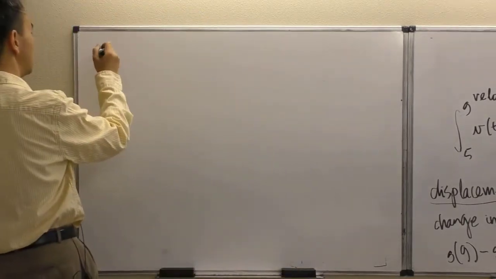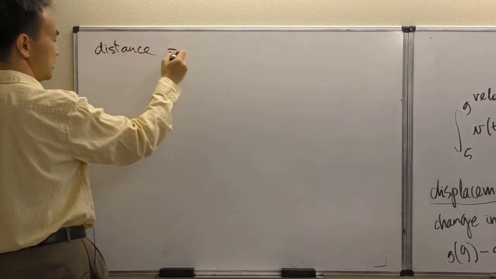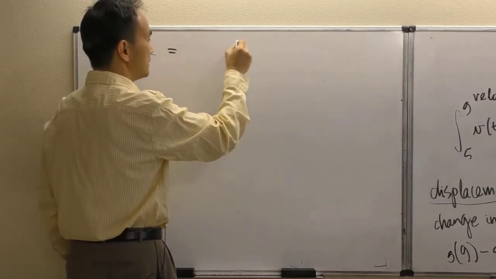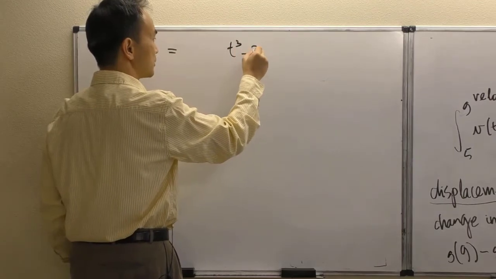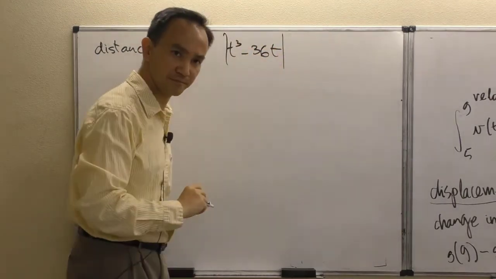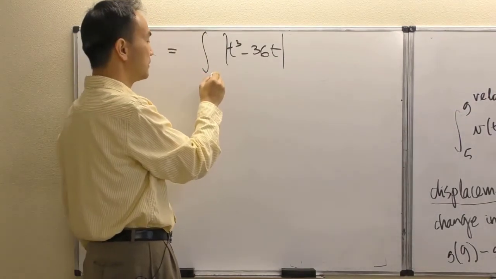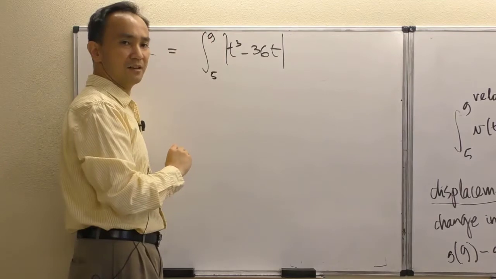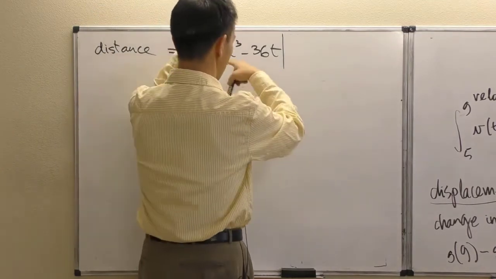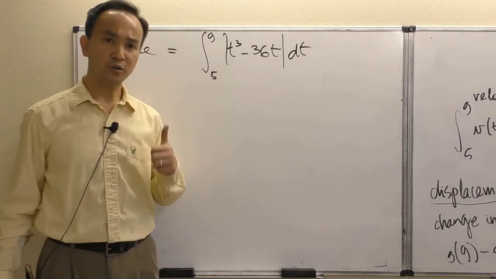All right, so the distance traveled in that time interval is found by putting our t cubed minus 36t velocity function in absolute value, and we're integrating that. Take the definite integral from 5 to 9 over that interval with respect to t. But now here's one general rule.